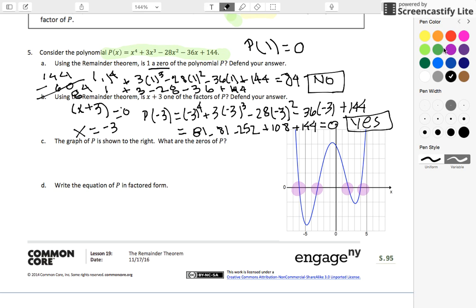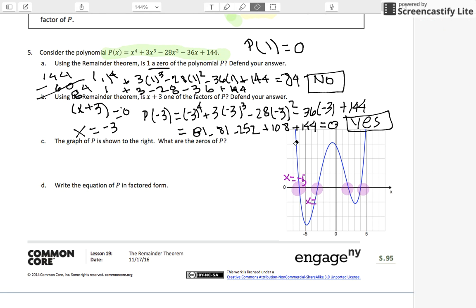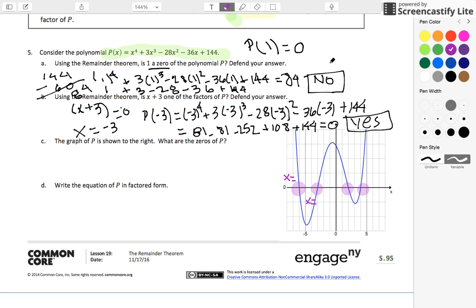Let me erase that, sorry. Going back, I count 1, 2, 3, 4, 5, -6.